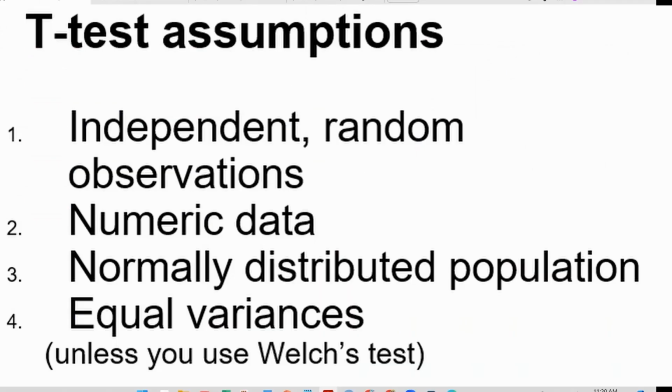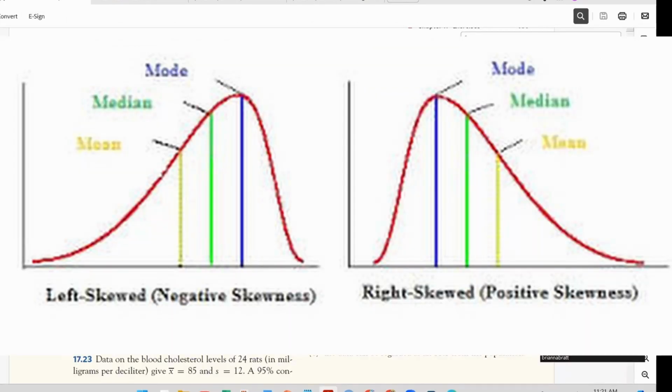Okay, well, no. Think about it. Remember the assumptions for the t-test. Strong outliers make the data strongly not normal and would mean that the mean is not a good measure of the central tendency of the data.